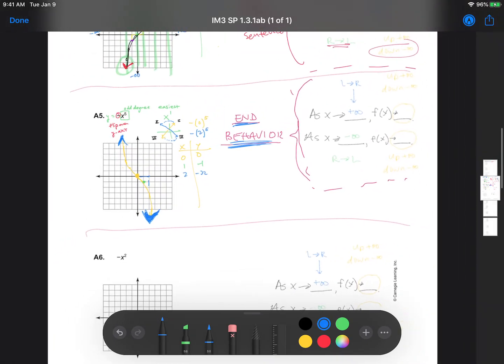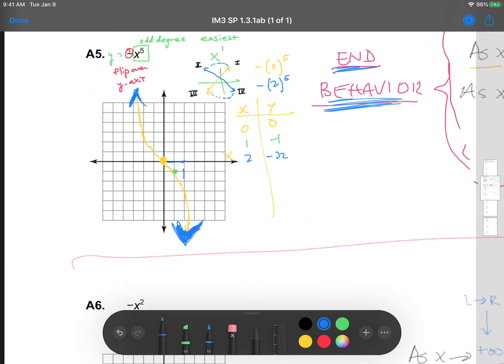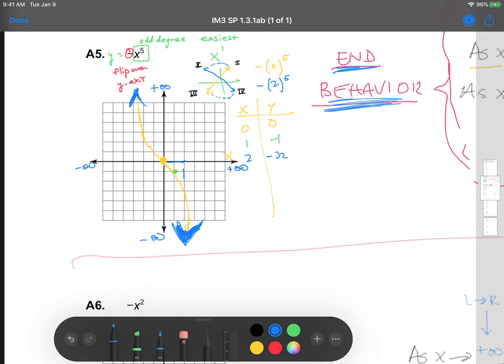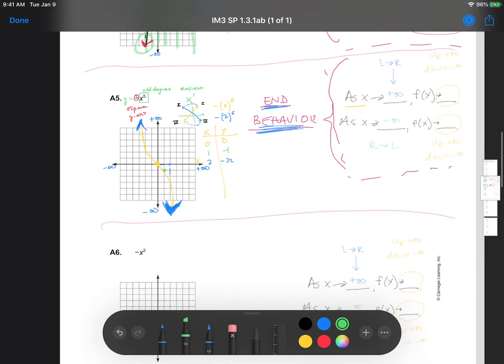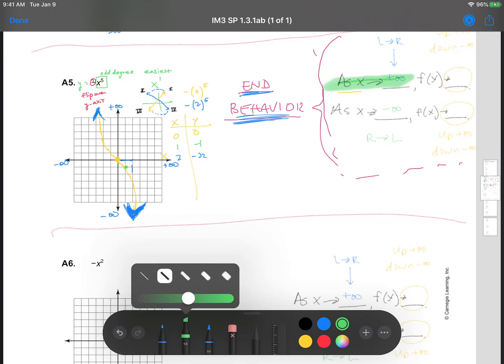Okay, so how does this end behavior sentence work? As x, so this is the x-axis, as we go towards positive infinity, so this would be on the x-axis, negative numbers, positive numbers. This sentence here only refers to just that axis right there.